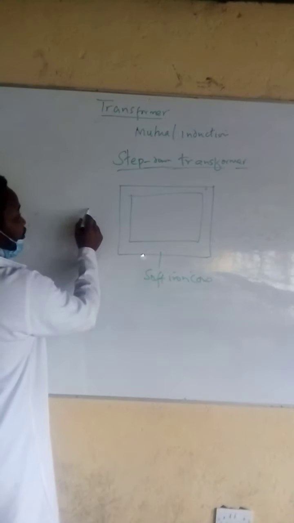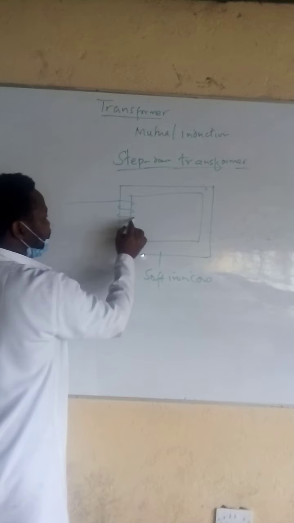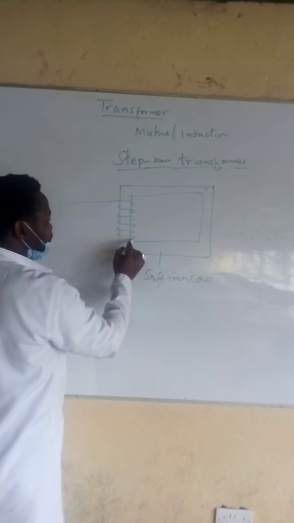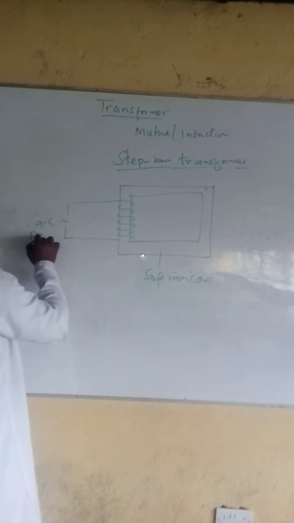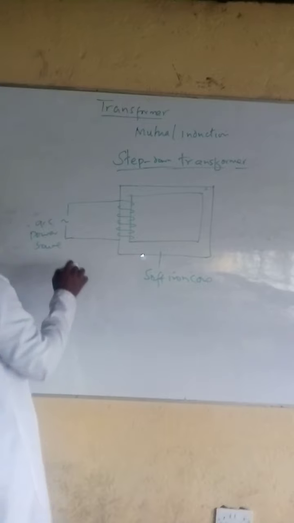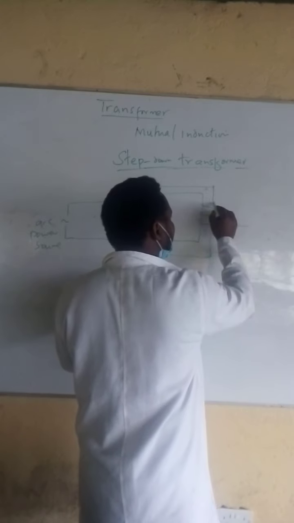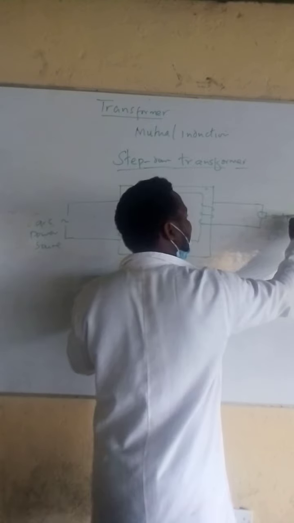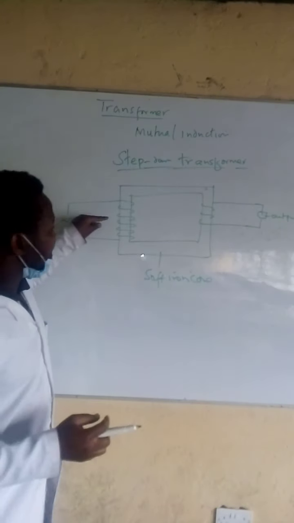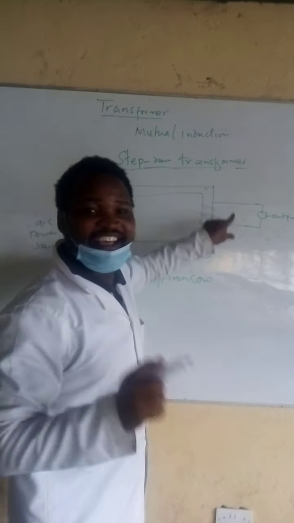And then the number of turns in the primary coil is our source, AC power source. And then this is our output. You can clearly see the number of turns in our primary coil are more than the number of turns in the secondary coil.